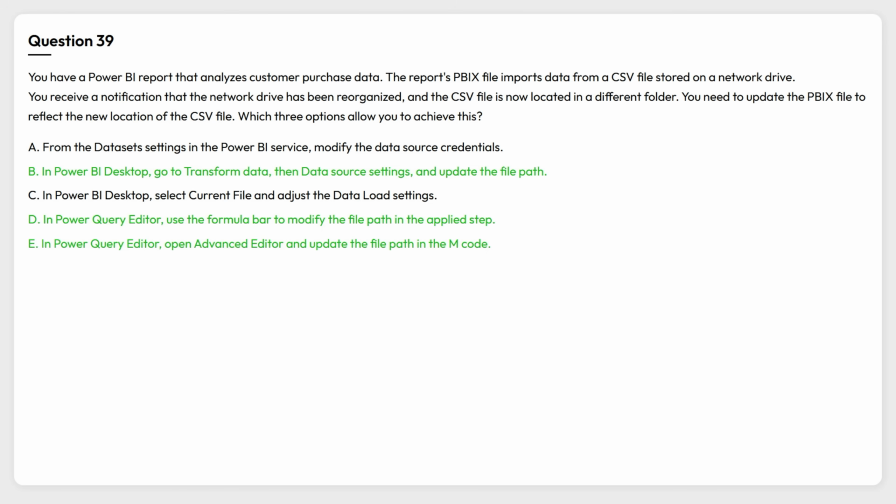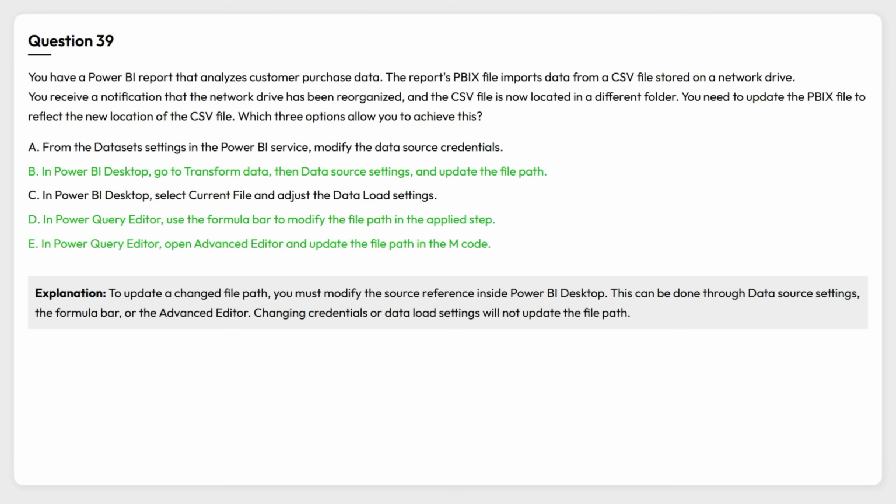Option E, in Power Query Editor, open Advanced Editor and update the file path in the M code. To update a changed file path, you must modify the source reference inside Power BI Desktop. This can be done through Data Source Settings, the formula bar or the Advanced Editor. Changing credentials or data load settings will not update the file path.